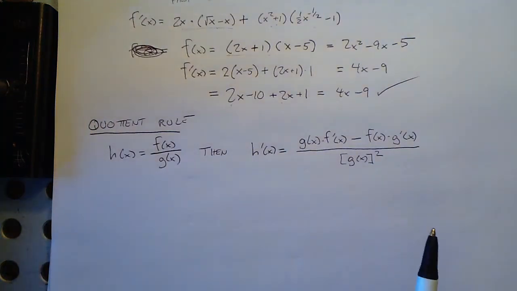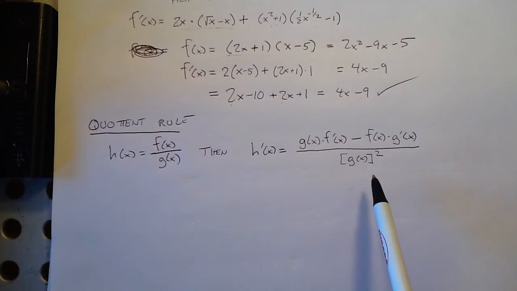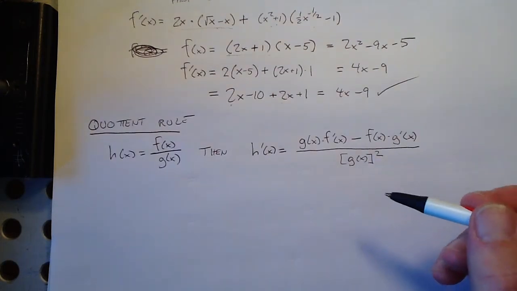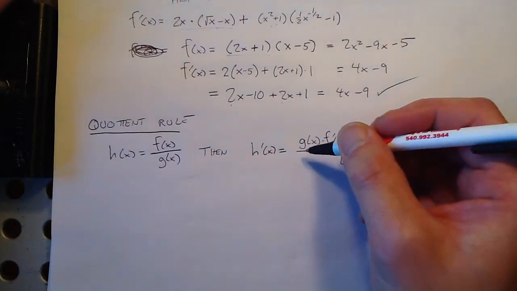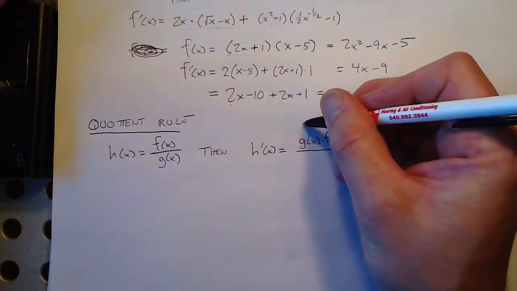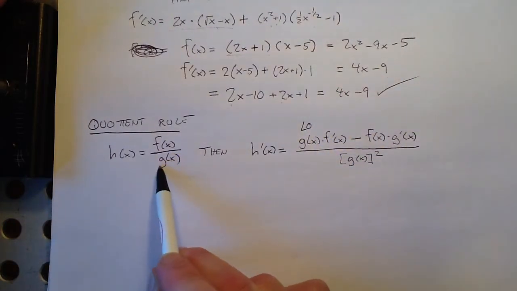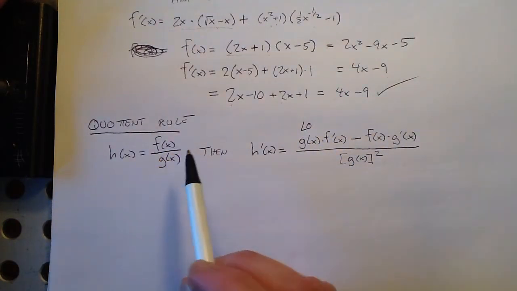Now I'm going to tell you a little mnemonic device that I learned a long time ago when I learned how to do this. And it seems to work. It's just sort of a catchy way of remembering this. I'm going to call this low, because that refers to the function that's on the bottom.